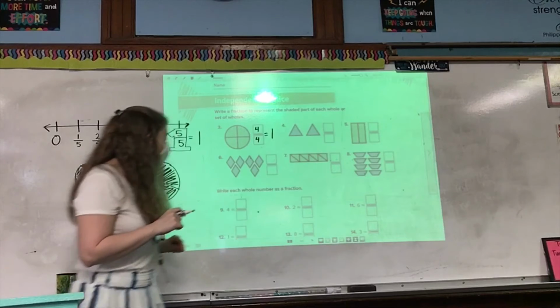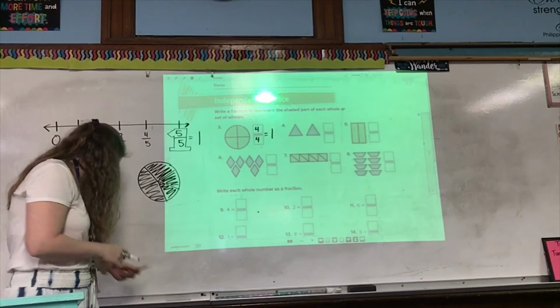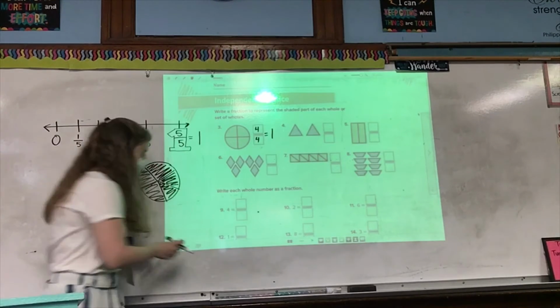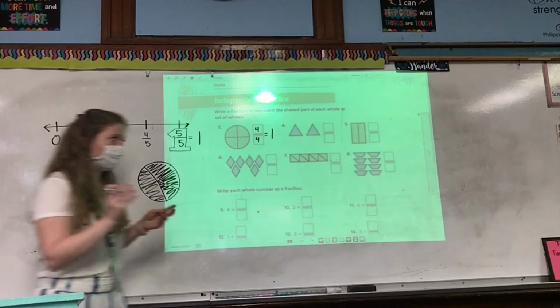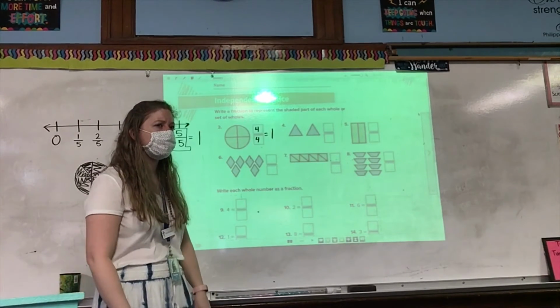Good. Now number 4. Aaron, what shape are we looking at? Triangles. How many triangles are there? 2. So are we going to be using the first key concept or the second key concept?